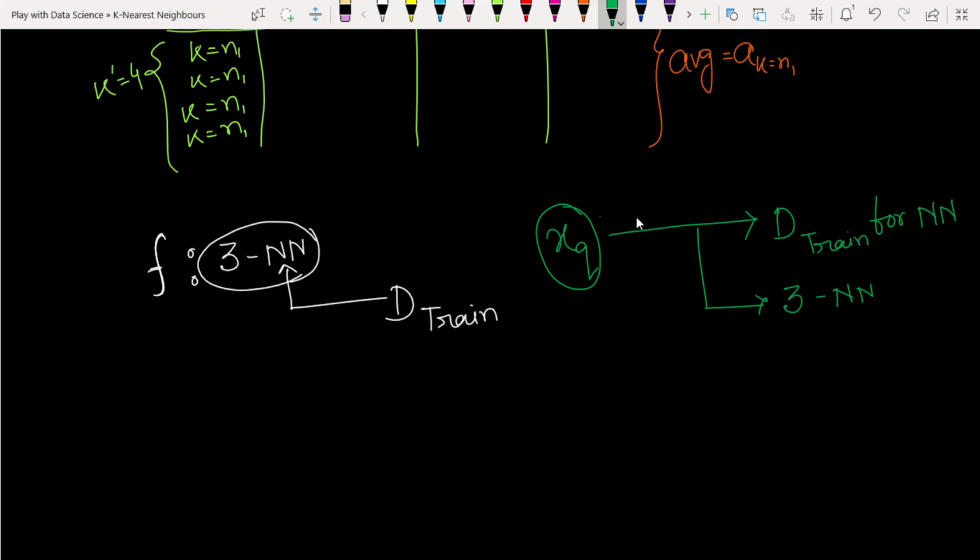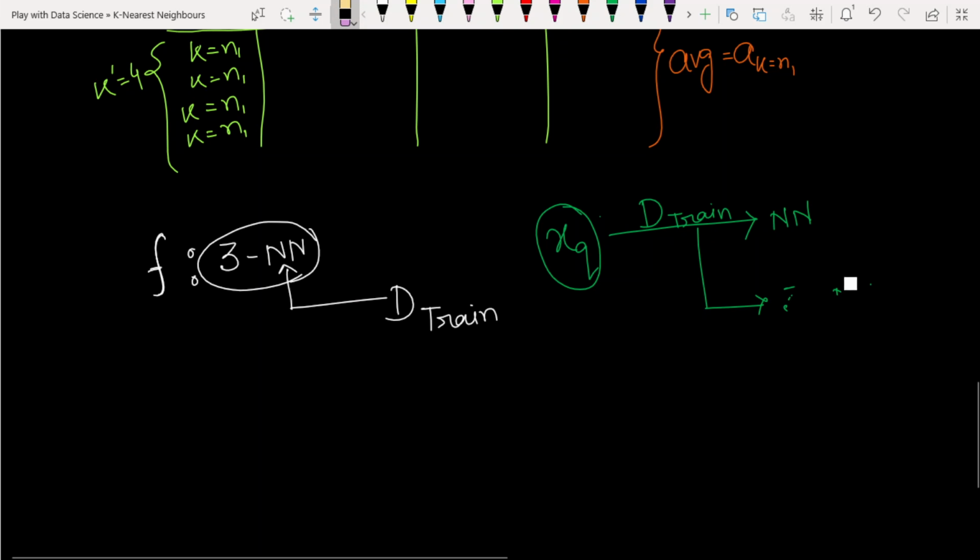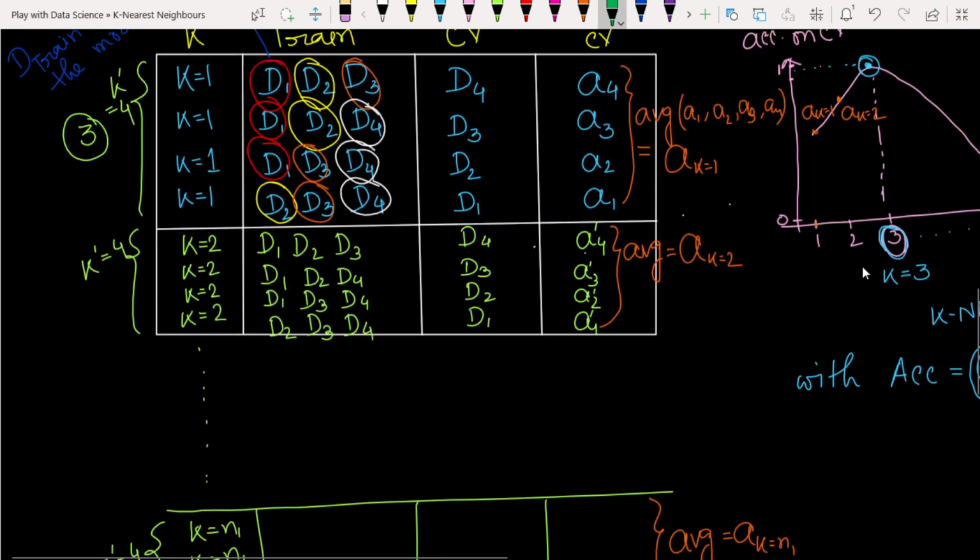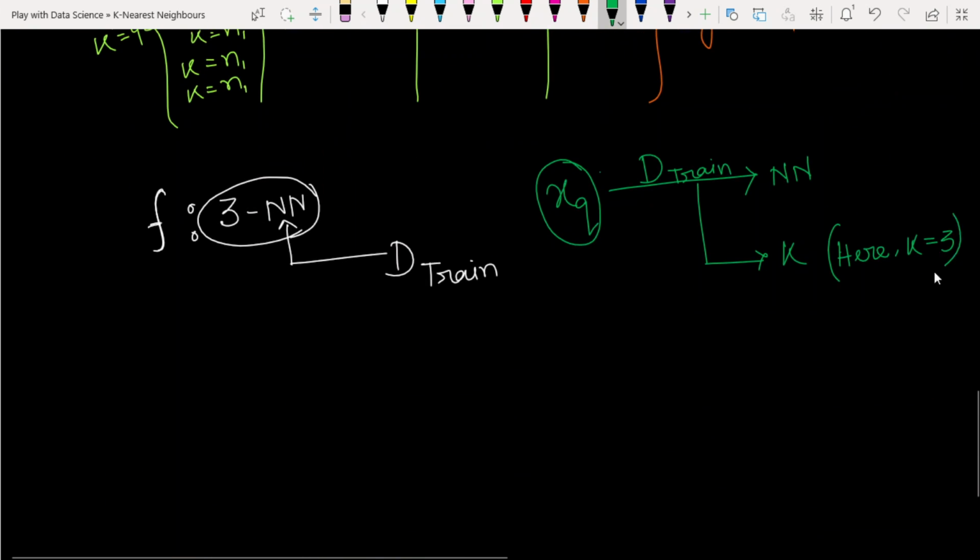Actually we have taken the whole D_train. Let's simplify this as nearest neighbor, also as k, but here k is equal to 3. I think this is clear.